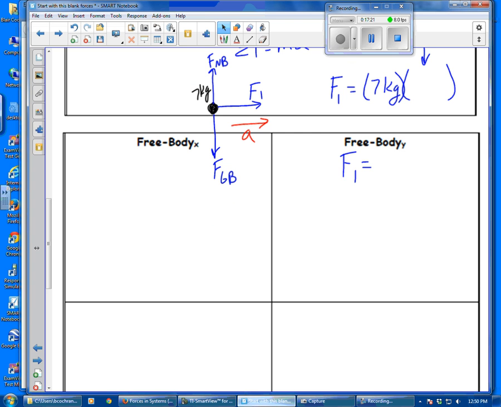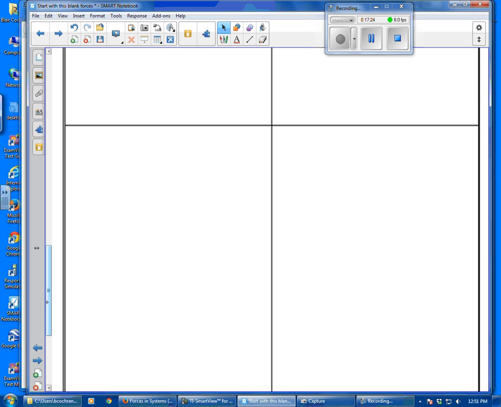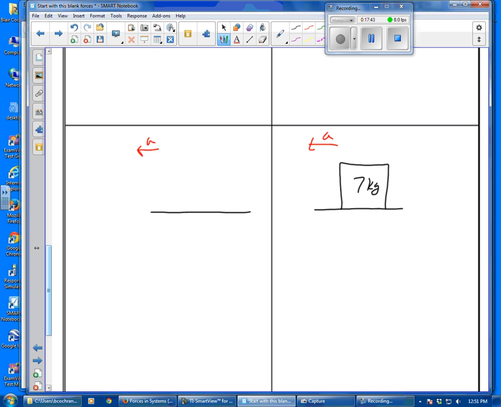And so really, for this next part, we should draw new diagrams, and it's going to accelerate in the other direction now.